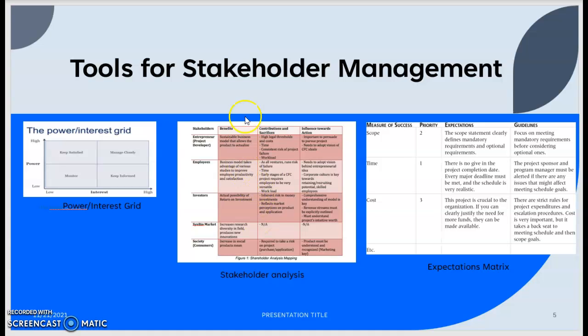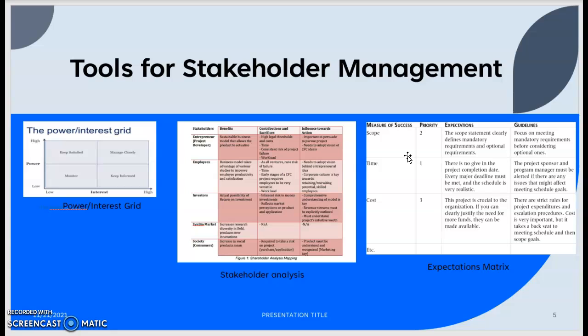You can see here the different fields, such as the benefits, contributions, sacrifices, and the influence that they have. And here are some of the stakeholders that can be listed as an example. Another one we have is the expectations matrix. It's another good tool to use.